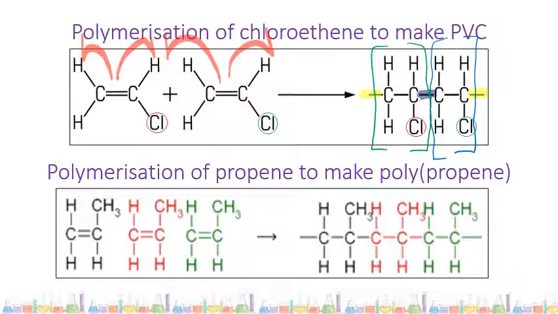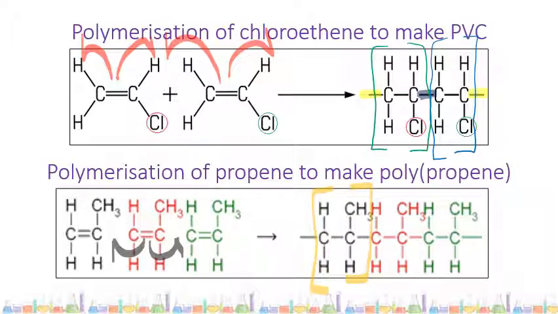The polymerization of propene to make polypropene is done again in the exact same way. We open up the double bond to create some single bonds between the molecules, and that gives us our longer chain hydrocarbon then. If we were to just look at this one here, our repeating unit would be this one.